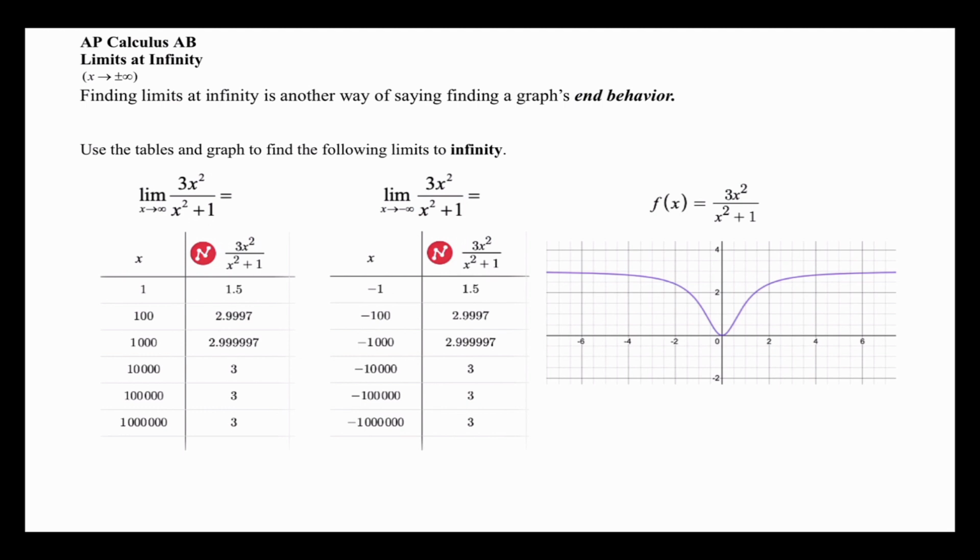I stopped there, but in other words, as x is approaching positive infinity, what is y approaching? 3, right? So we would say the limit as x approaches infinity is 3, because as I plug in bigger and bigger numbers for x, it's getting closer and closer to 3.